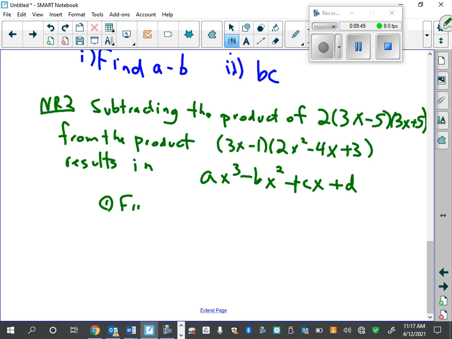Find a plus b plus c plus d, and 2, find a subtract b.